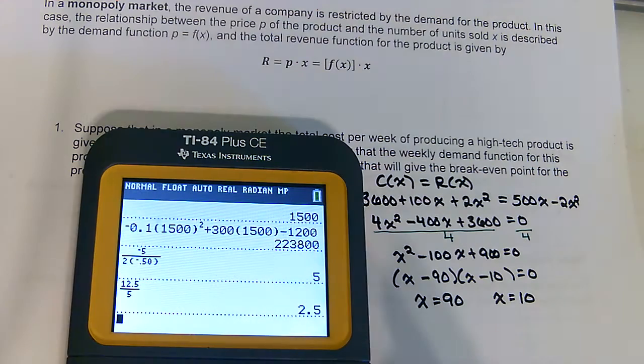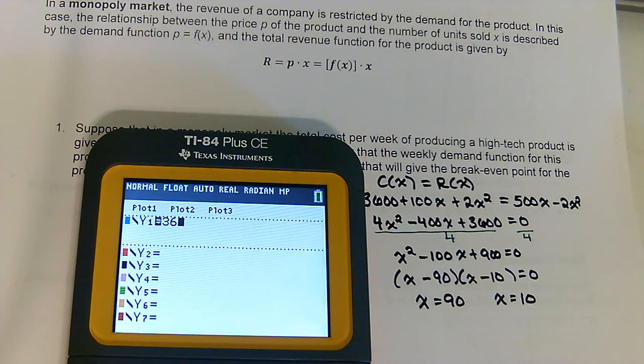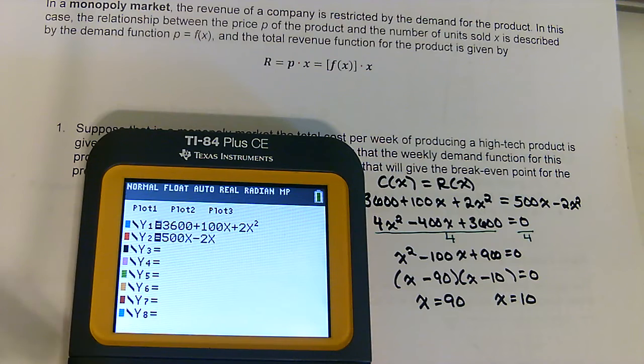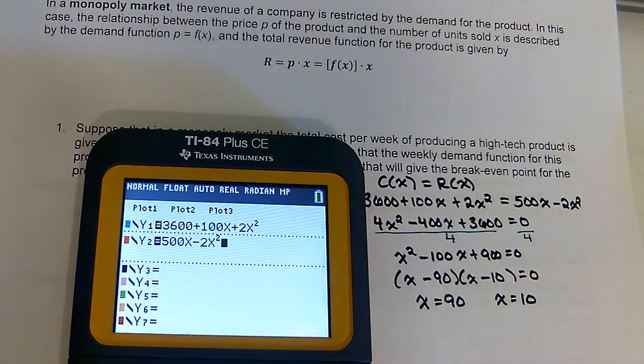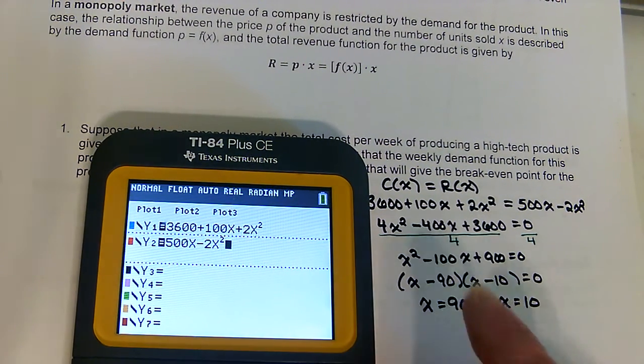If I go into my calculator, let me put in the cost function. And then in Y2, I'm going to put in my revenue function. I'm going to have to play with my window a little bit. I kind of know that I need to get pretty high up.